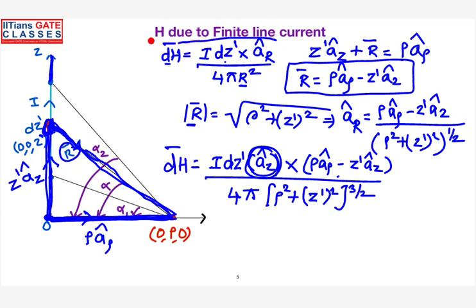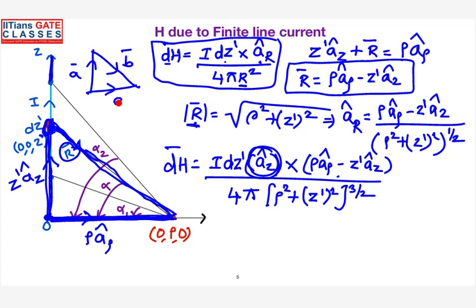So this is your Biot-Savart. First of all, I am writing a unit vector along the radial direction. How to write a unit vector along the radial direction? The original vector divided by the modulus. Now how to write the original vector? Simple reason: this is your vector A bar, this is your vector B bar, and this is your vector C bar.